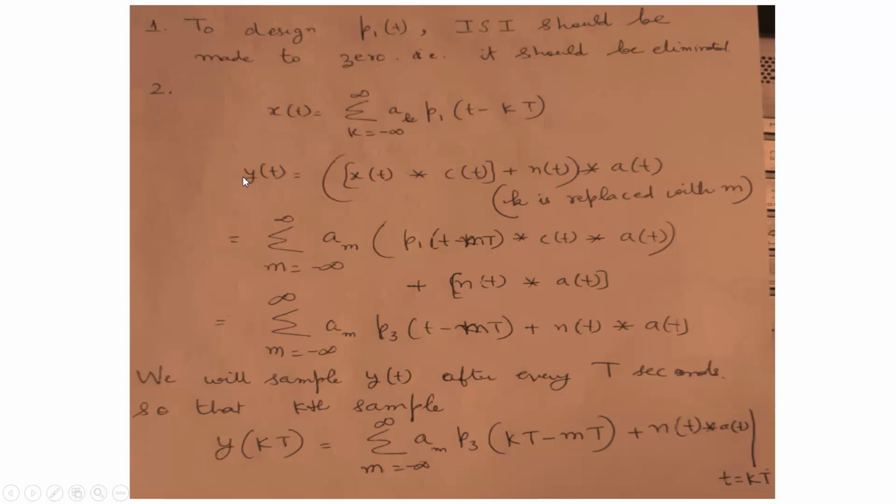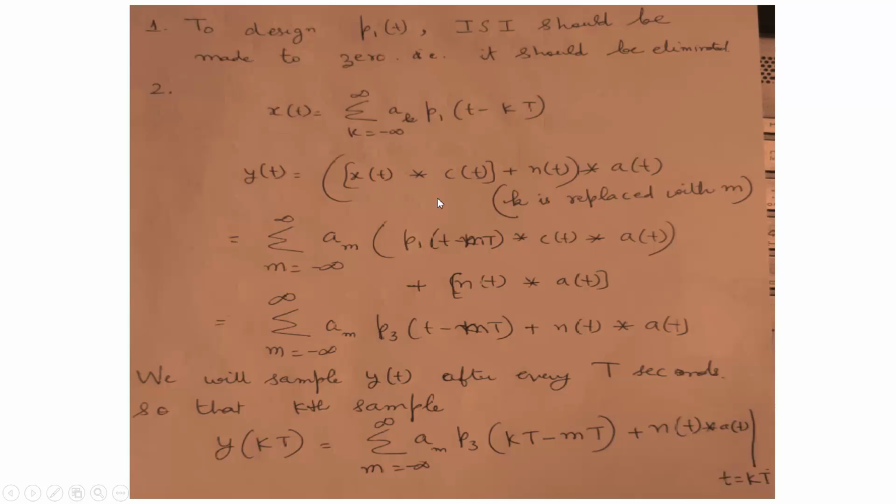Now we want to sample it at a particular instant, capital T, and I place this k index representing the time instants. So the values of k will determine the time instants at which we are sampling, right? So that's why we got this k index free from here, and in place of k I put m. So y(kT) is the sampled version of y(t) after every capital T seconds, because we have to sample.